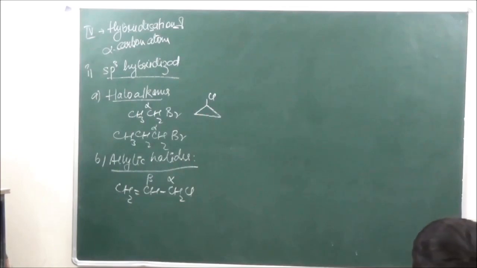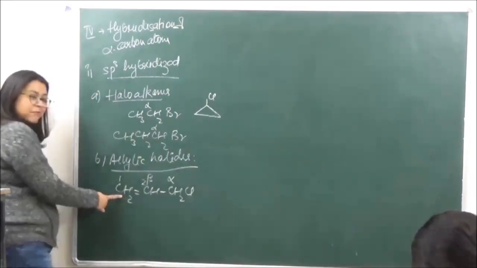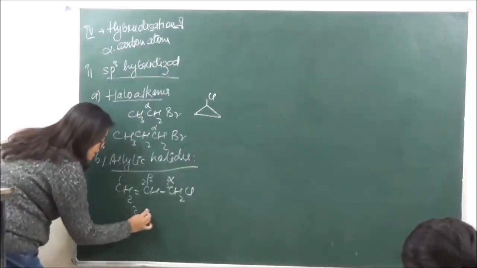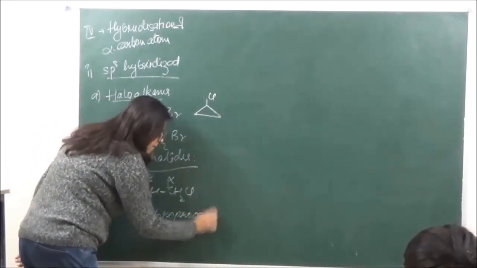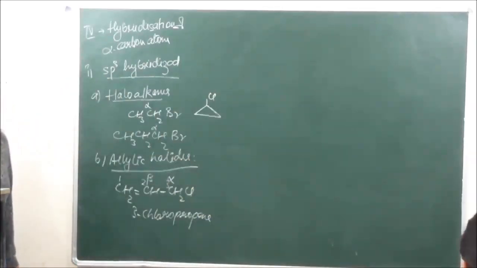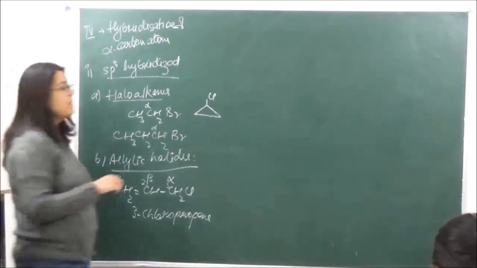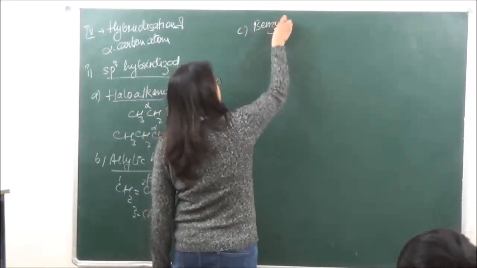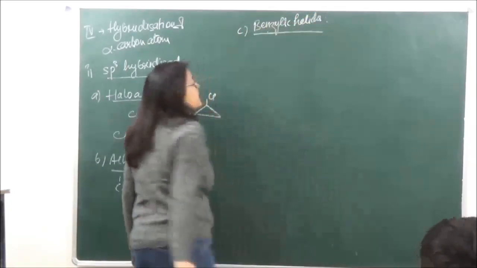Right? And what is going to be the name? 3-chloropropene. Because here we will start numbering from this side, we give preference to the double bond rather than the substituent. So this is going to be 3-chloropropene. ठीक है? फिर उसके बाद the next one which we have is benzylic halides.